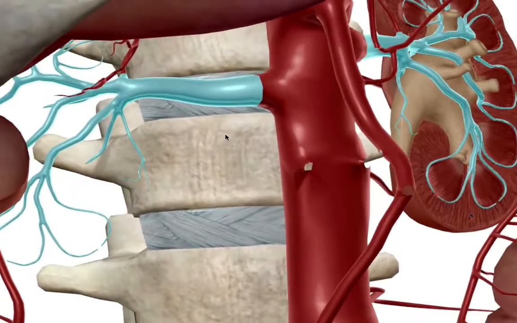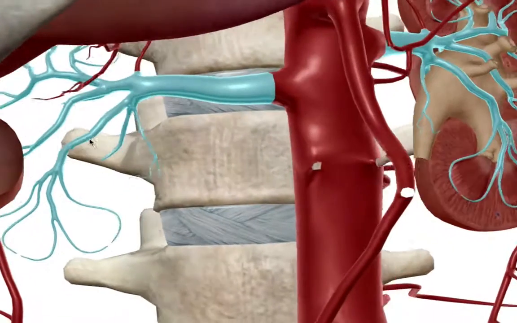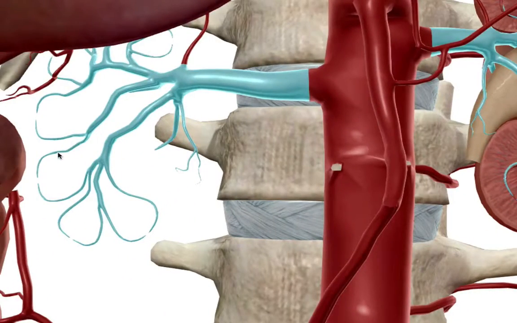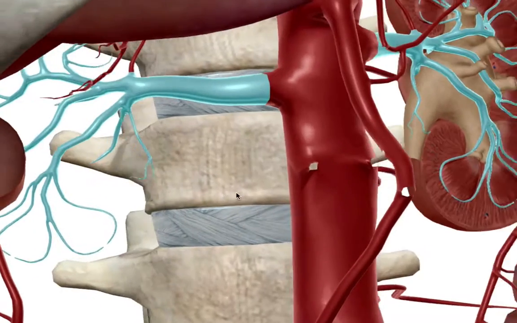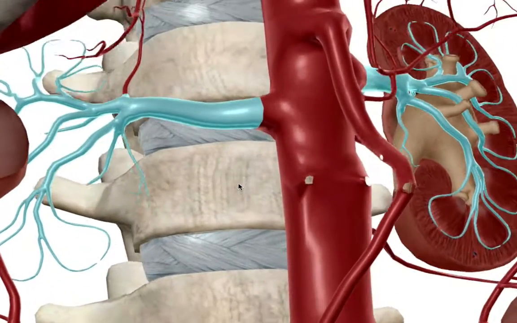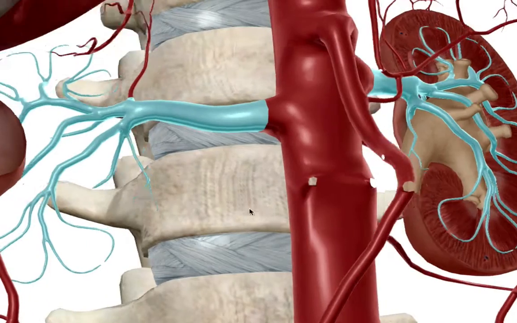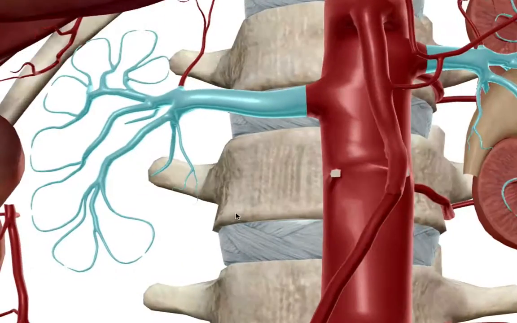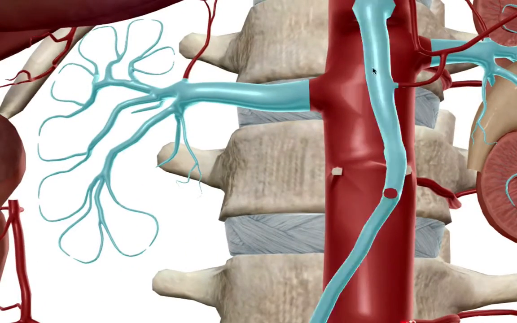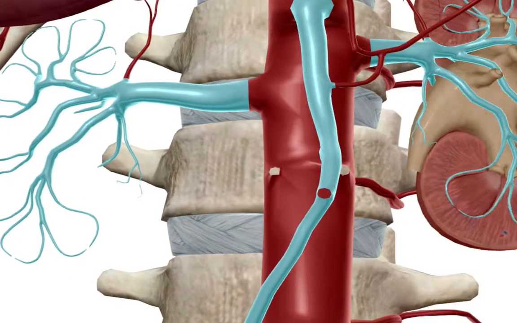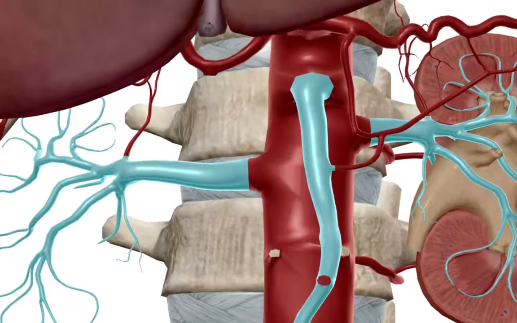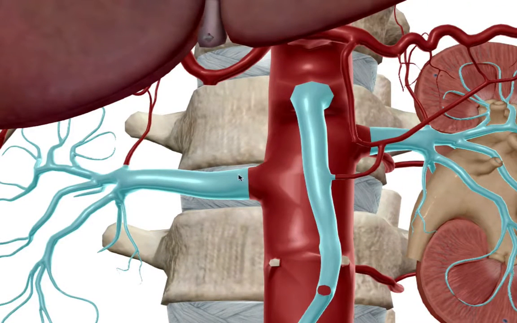These loops run through the nephrons, which will be discussed in a later video when we talk about urinary filtration. Again, this is our superior mesenteric artery, and just below it and lateral to it, you have your renal arteries.